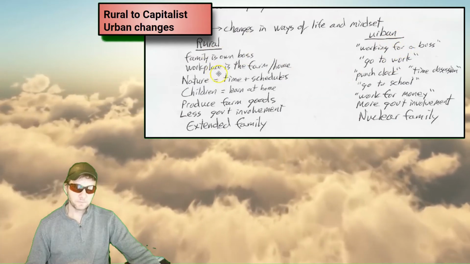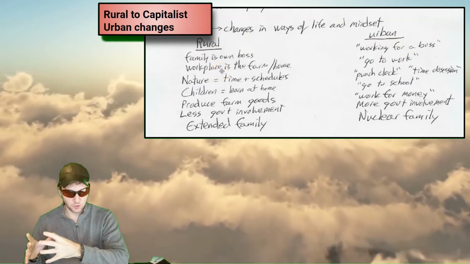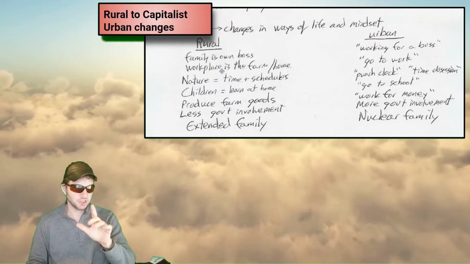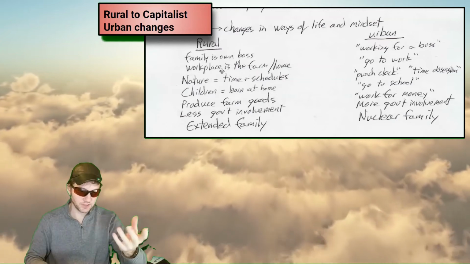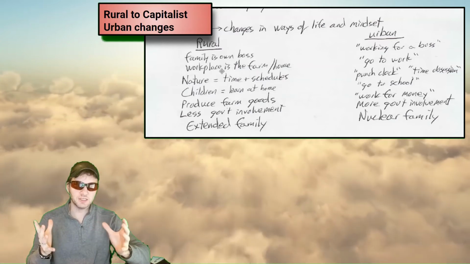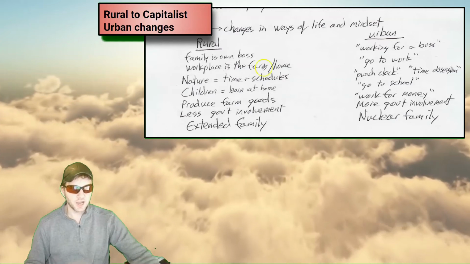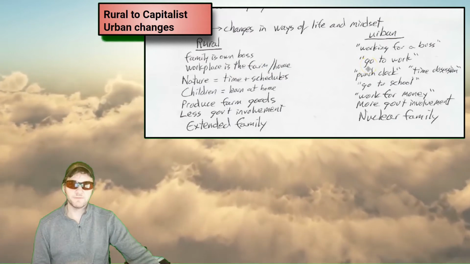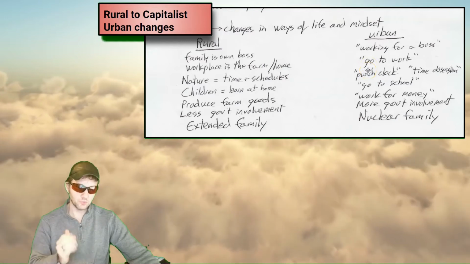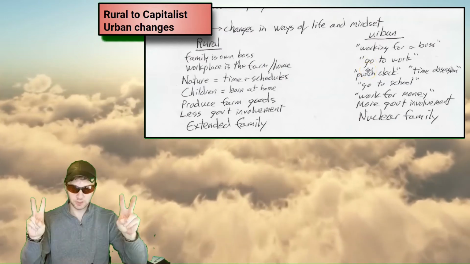When you are a farmer, the workplace is the home. There is no differentiation between home and work. It is the farm. It's where you live. It's where the animals, the crops are. Now, in an urban setting, during the Industrial Revolution and today, a vast amount of people go to work. Where's the phrase, I have to go to work?